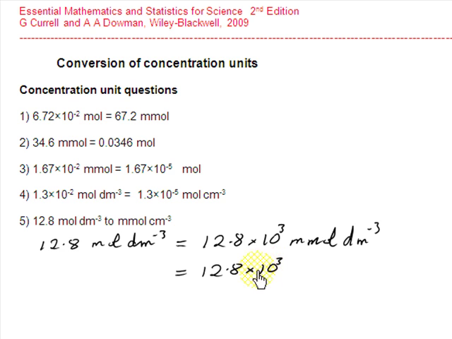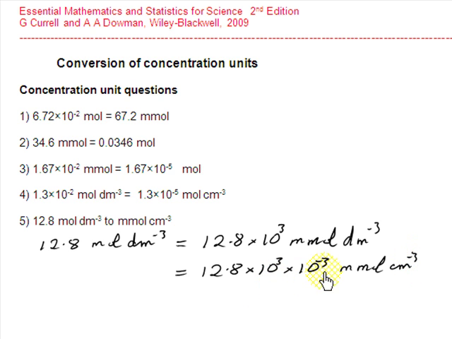And that conversion will involve multiplying by 10 to the minus 3. So 1 decimeter cubed is equal to 10 to the minus 3 per centimeter cubed. So this will now be millimoles per centimeter cubed.